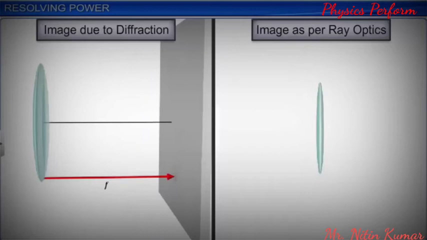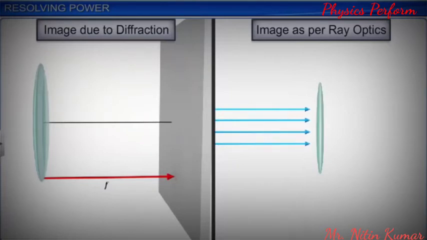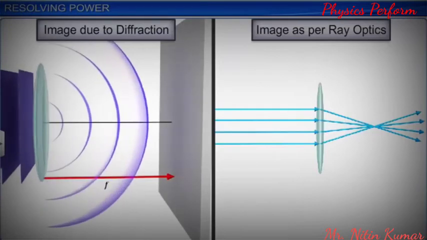This contradicts the assumption we made in ray optics. In ray optics, we assumed that a converging lens focuses light from a distant point object to form a point image on its focal plane. But if diffraction effects are taken into consideration, the image is in the form of a circular disk instead of a point.